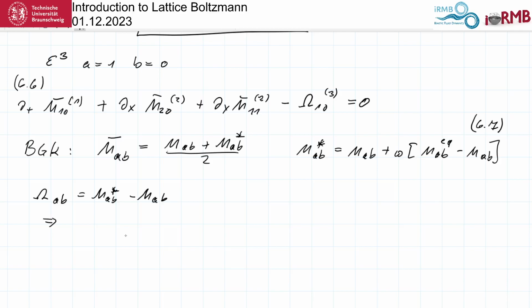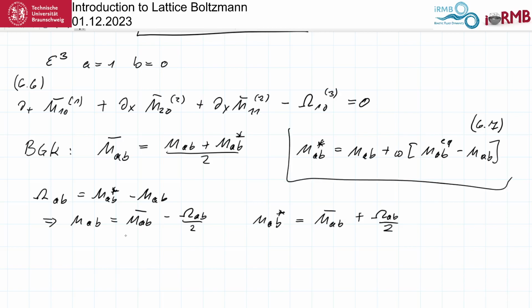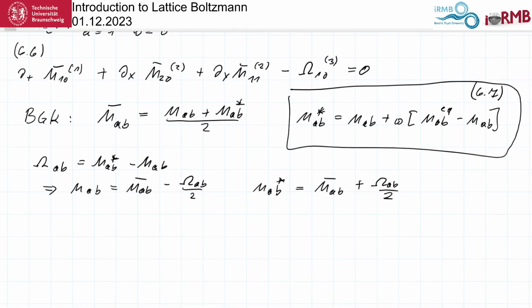So if we put this into the above equation, we could write M_AB is equal to M_AB over bar minus omega_AB divided by 2, and M_AB star is M_AB over bar plus omega_AB over 2. In this way we can replace M_AB and M_AB star in this equation with the things that we actually want.